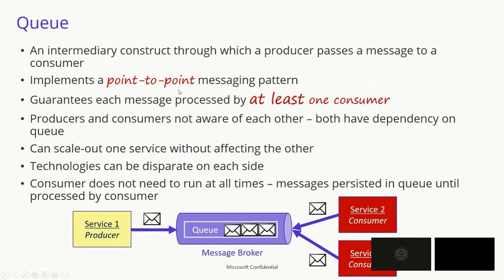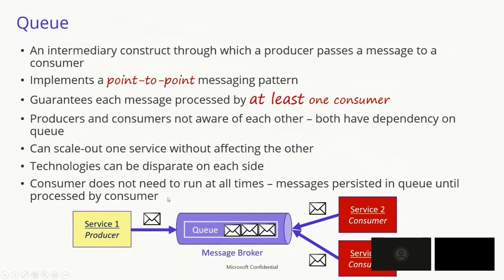A queue is simply an intermediary construct through which a producer, again, this could be our ordering service, pushes a message or a command, and then the consumer, this could be our shipping service, can basically pull those commands out as needed and process them. So there's a point-to-point messaging pattern.